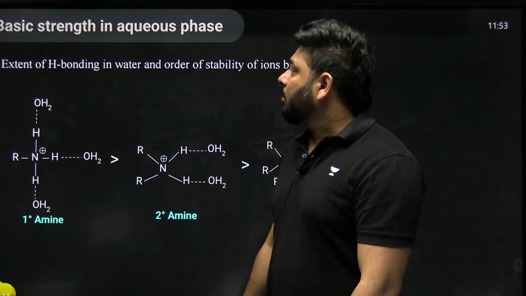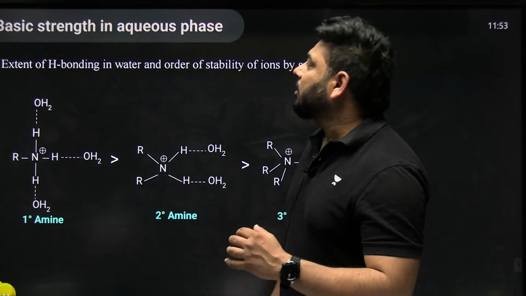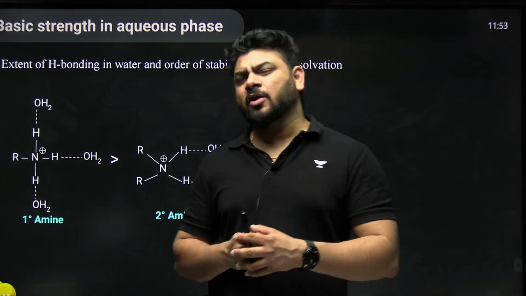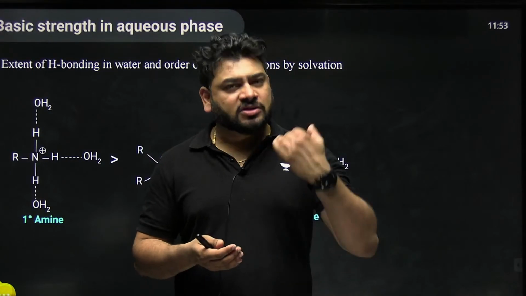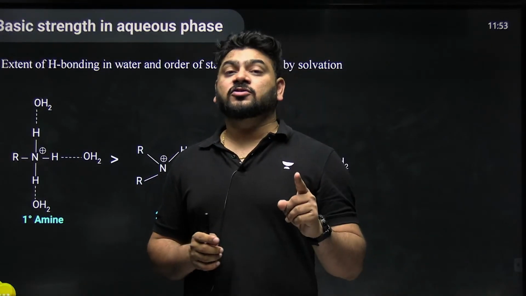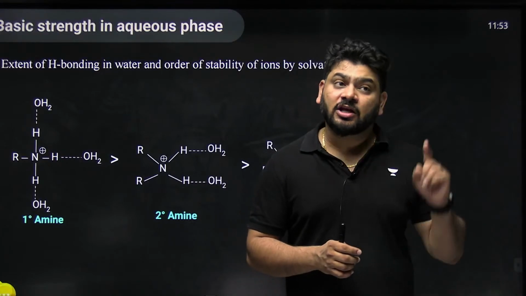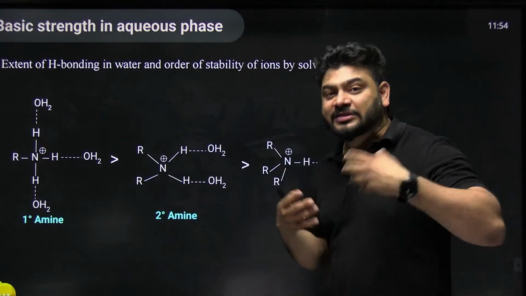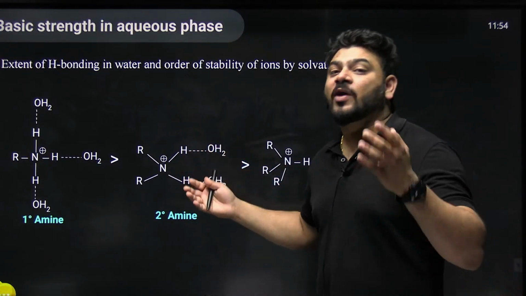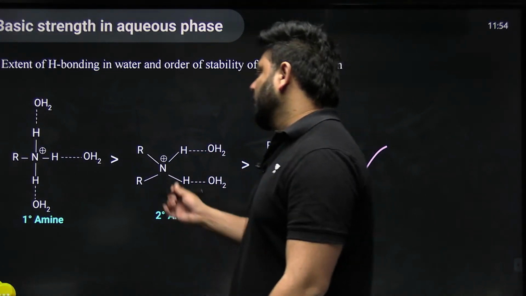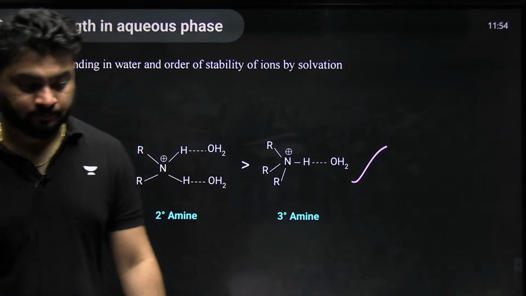But the extent of H bonding in water restricts tertiary, as it cannot be easily solvated. So the most stable cation will be of the primary one, because it gives RNH3 positive, with 3 hydrogens to make H bonding with water, and that makes it more stable than the other 2. That is why the order should be 1 degree, 2 degree, 3 degree, and then even ammonia should get the highest.